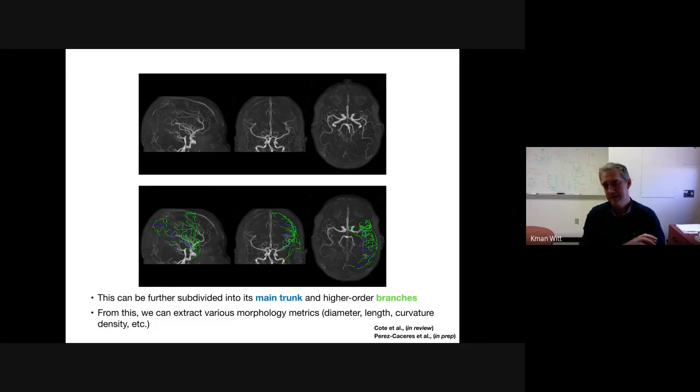So that's the continuous distribution of the large MCA artery, shown here in blue, and then all of its higher order branches that come off it, shown here in green. And then from this, we can get localized metrics of different morphological features. For example, the local diameter, the length, the curvature, the density, etc.